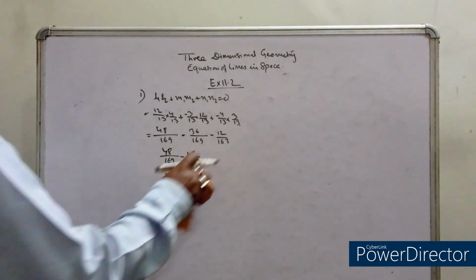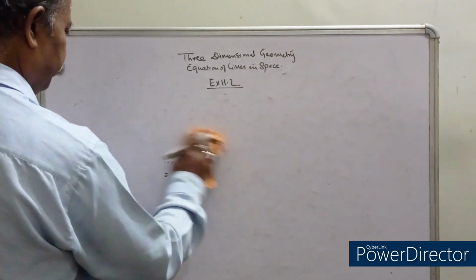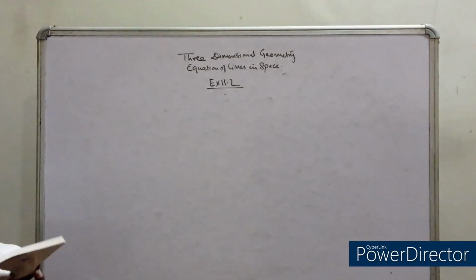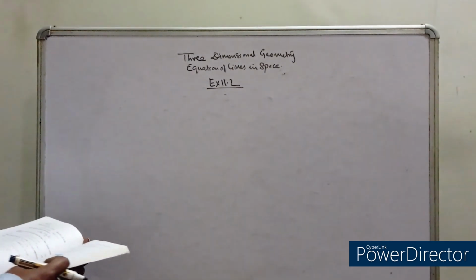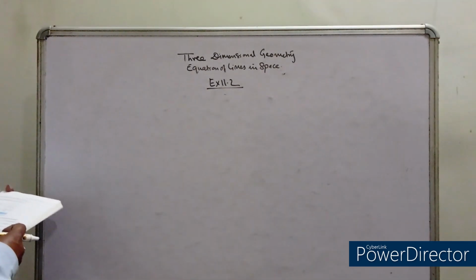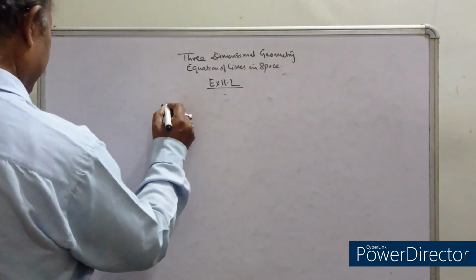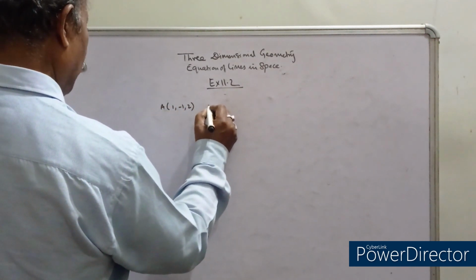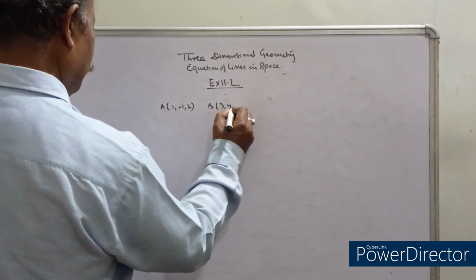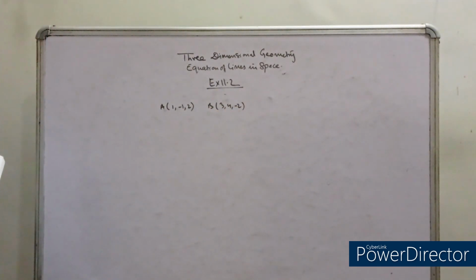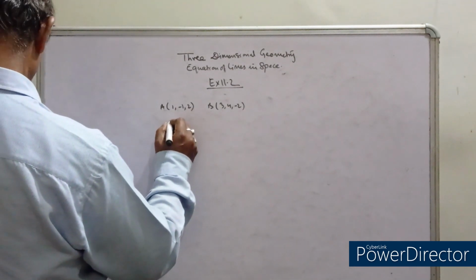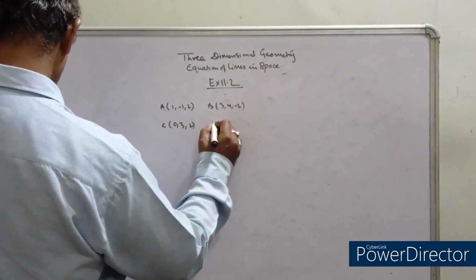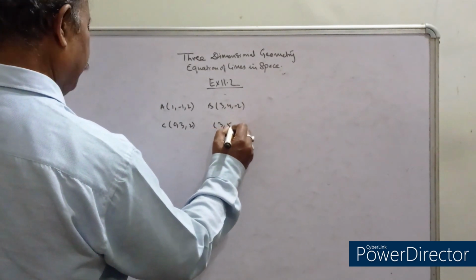Question number 2: show that the line through these points is perpendicular to the other line. Here the points are given: A is (1, -1, 2), B is (3, 4, -2), C is (0, 3, 2), and D is (3, 5, 6).